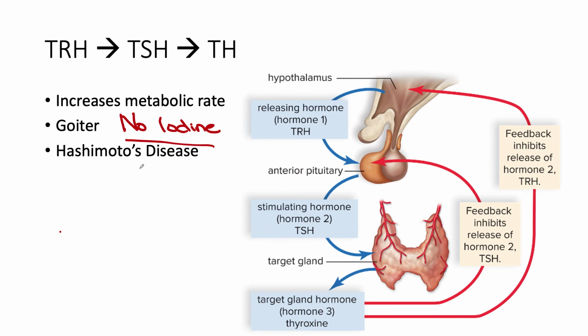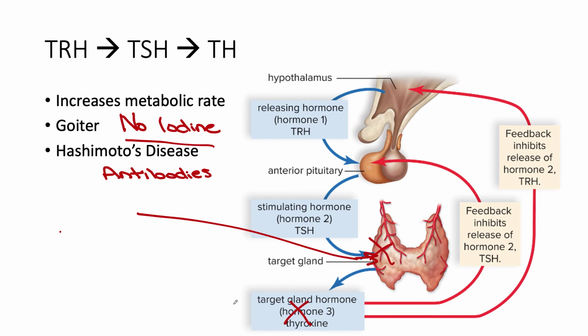The other issue that you can run into with the thyroid gland is you can have something called Hashimoto's disease. And this is actually quite common, especially in middle-aged women. And one of the problems here is that you have antibodies that will attack the thyroid gland. And it will make it difficult for the thyroid gland to produce thyroid hormone.